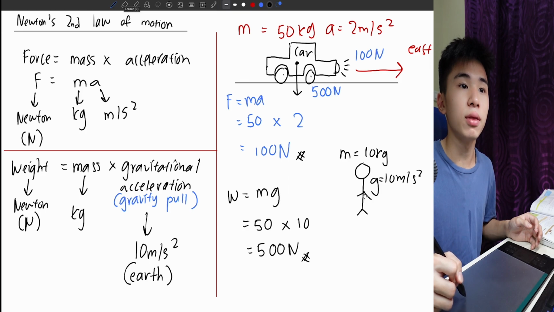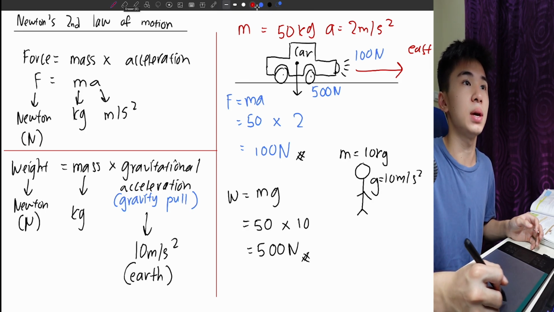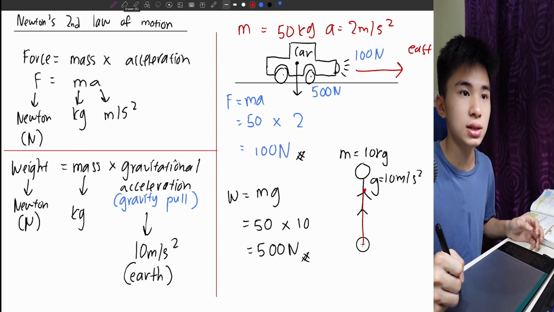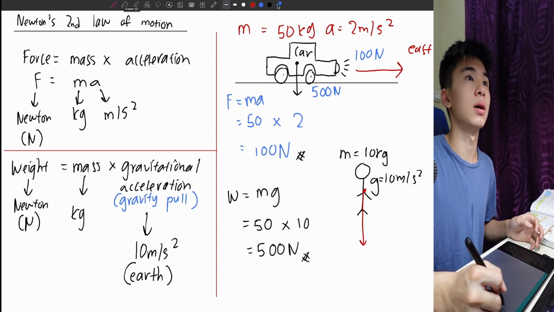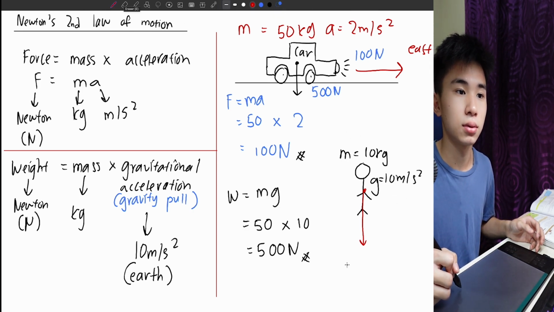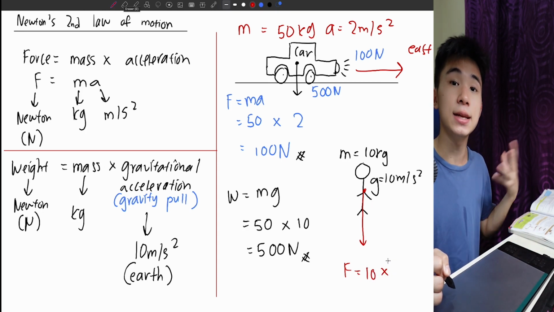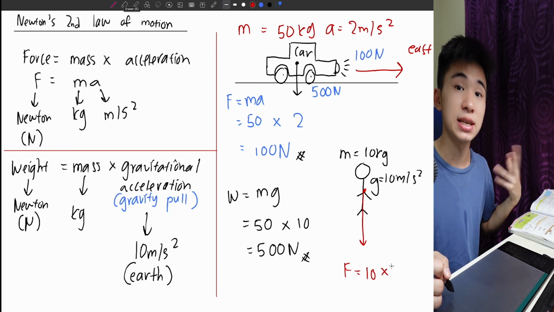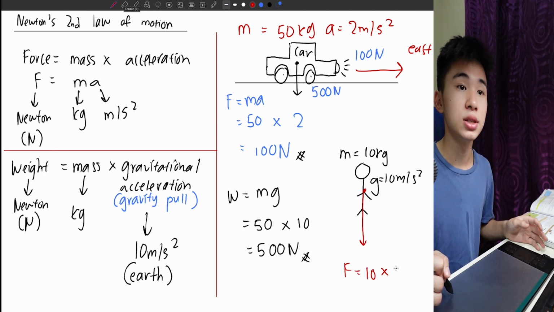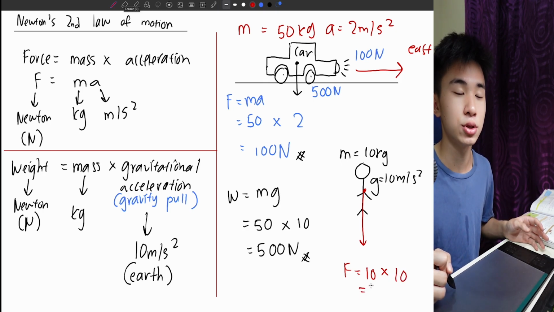So the weight of this human is going to be 100 newtons, because m is 10 and g is 10 m/s². So 10 times 10 is 100 newtons.